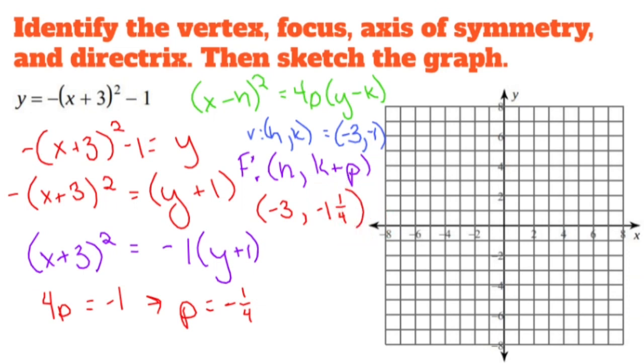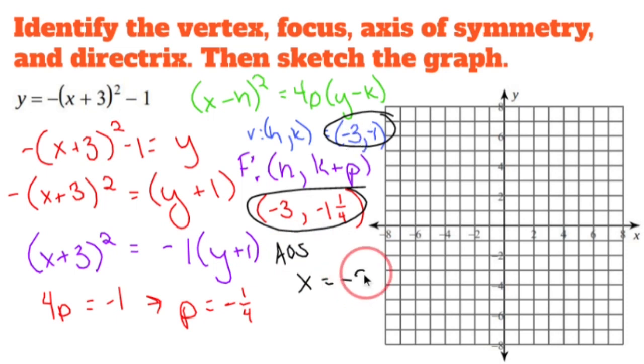All right, so what I have so far, and let's circle things out, is my vertex is there. My focus is there. My axis of symmetry is going to be a vertical line that cuts through the vertex. So my axis of symmetry, since it's going to be a vertical line, is going to be x equals, well, if it cuts through the vertex, then x equals negative 3.